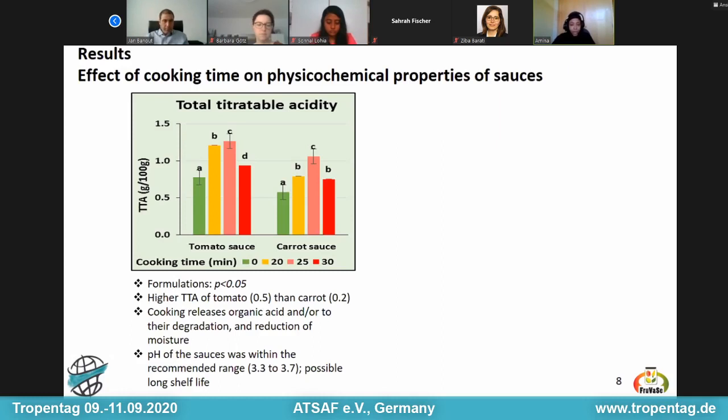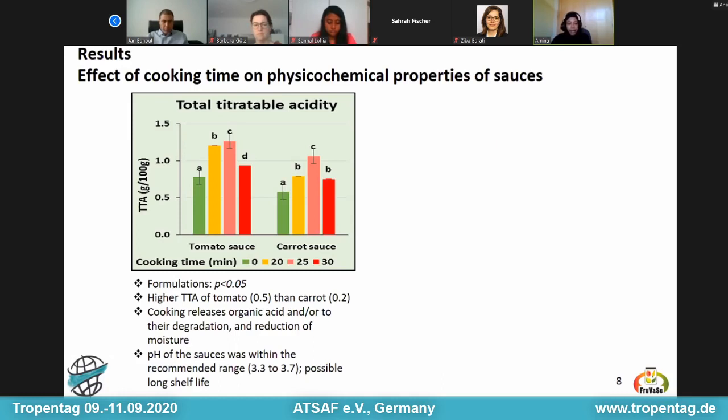The similar trend was also observed for carrot sauce. So the higher titrable acidity of tomato than carrot could be due to the higher total titrable acidity of tomato itself, and also cooking releases some organic acids or their degradation and reduction of moisture. So this also could lead to an increase of titrable acidity.